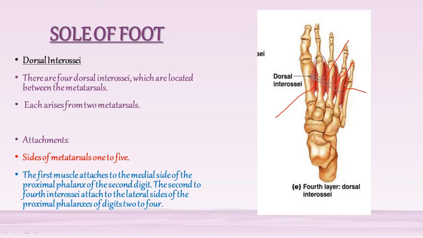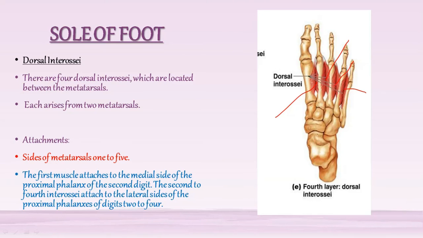For example, this is the first dorsal interosseus muscle which arises from the sides of the first and second metatarsal. The second one arises from the second and third metatarsal. The third one arises from the third and fourth metatarsal. The fourth one arises from the fourth and fifth metatarsal. So we will say that they arise from the sides of metatarsals 1 to 5. All the 5 metatarsals are involved to give origin to the dorsal interossei.